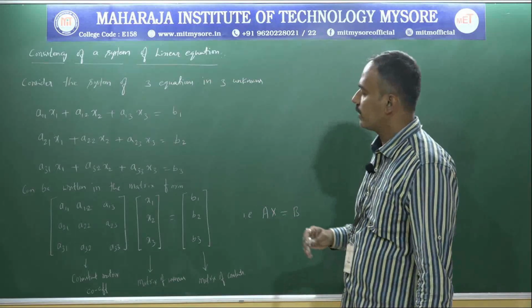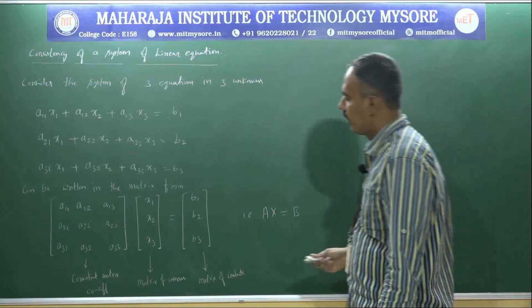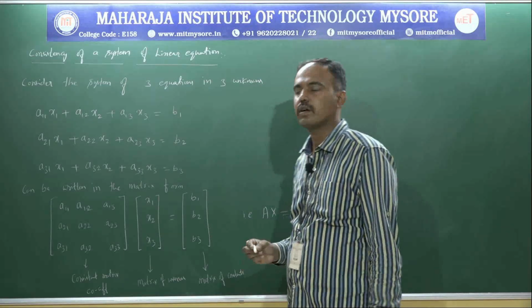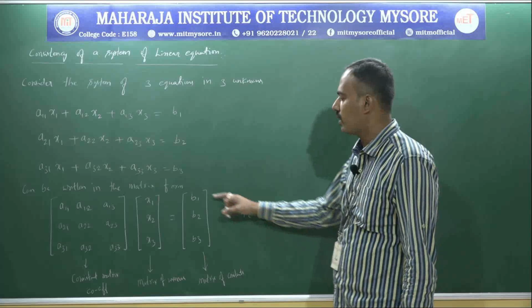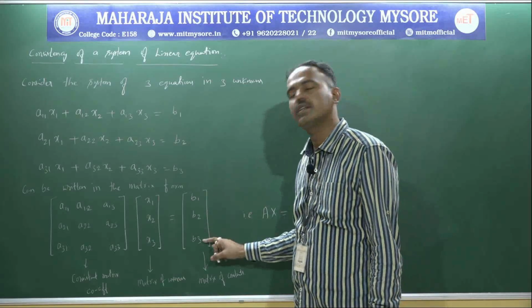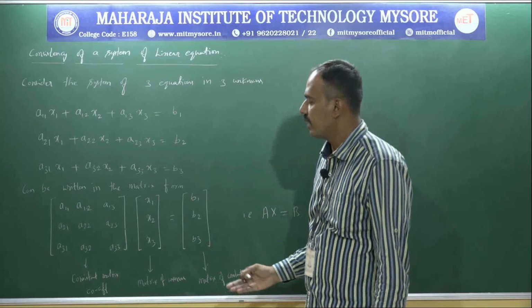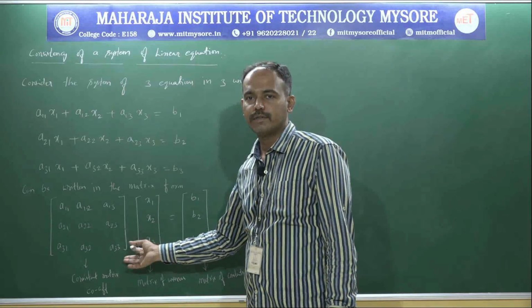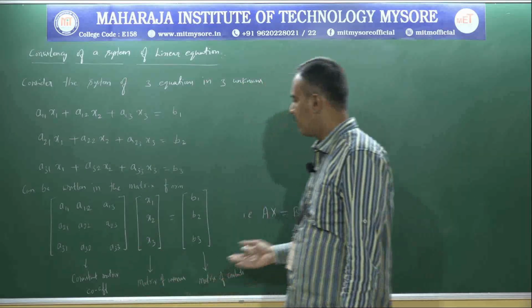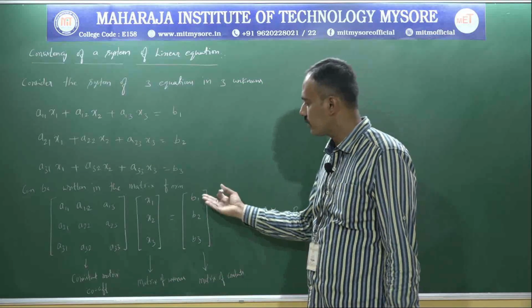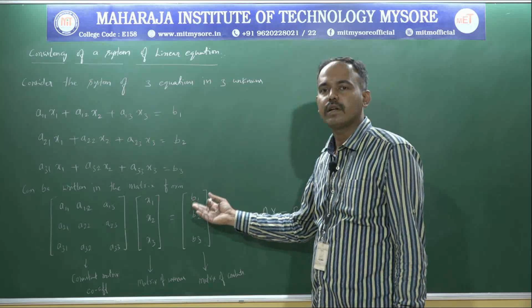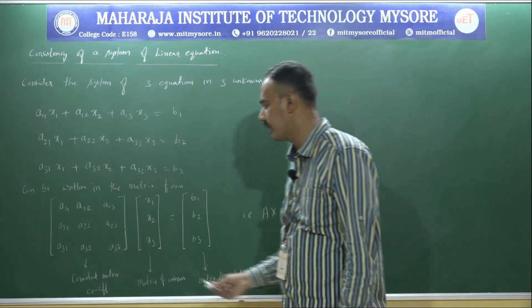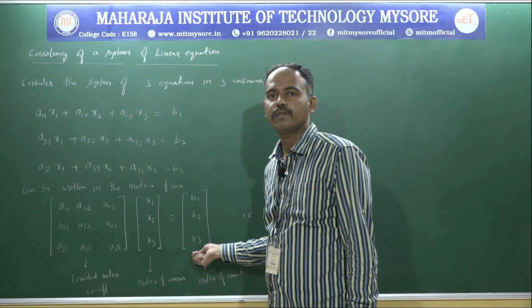Another one: in the matrix B, if all the B values, B1, B2, B3, are 0, such a system of equations is said to be a homogeneous system of equations. If at least one of the B values is not equal to 0, we consider it a non-homogeneous system of equations.